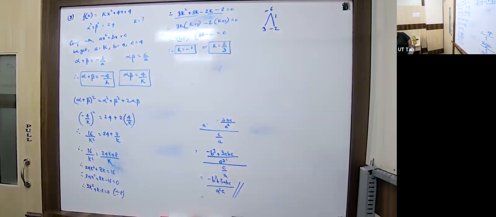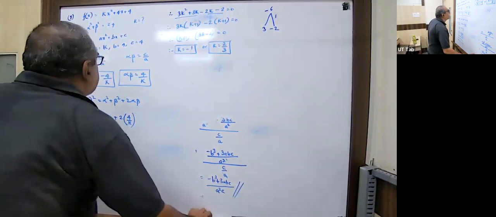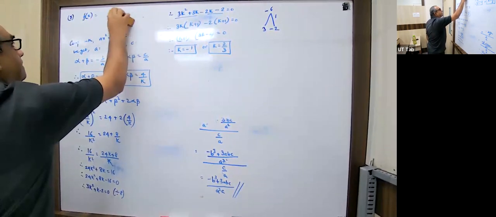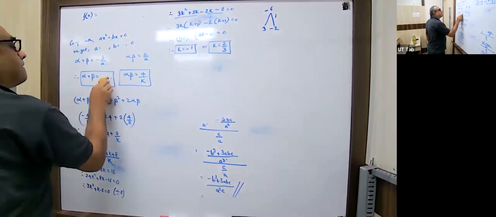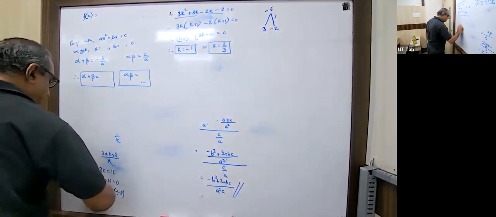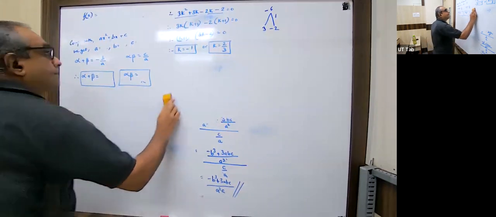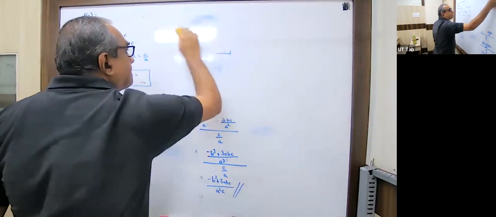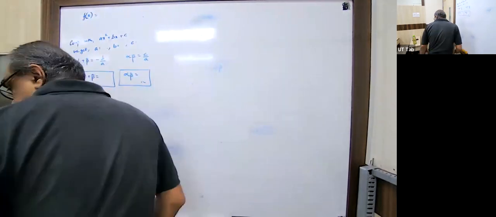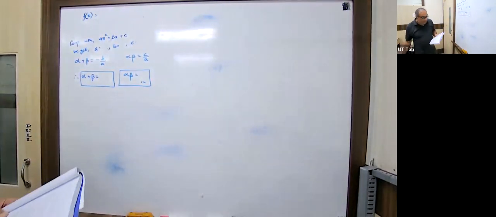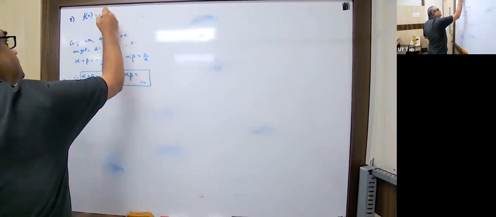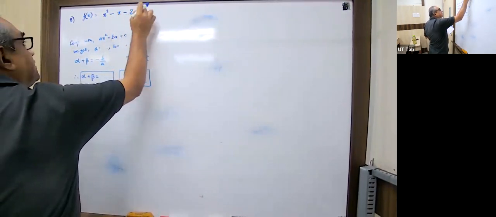Then the last question. If alpha and beta are the zeros of this quadratic polynomial, f of x is x squared minus x minus 2.